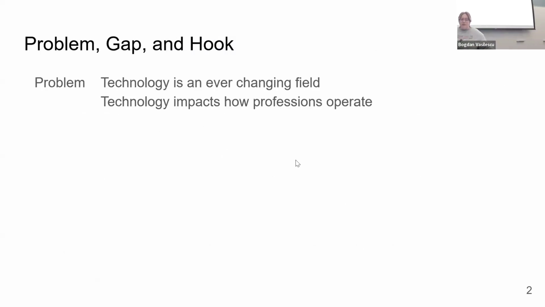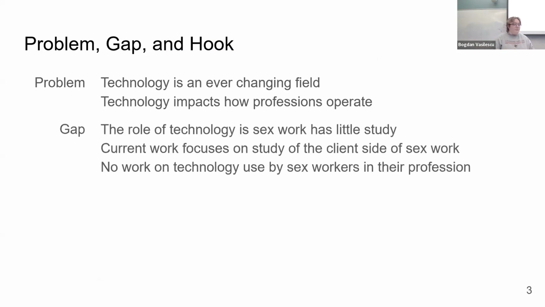Okay, so the problem discussed was that the authors talked about how technology is an ever-changing field and it impacts how a lot of professions operate. There's been a lot of prior work studying how businesses, the stock market, how everything changes as technology evolves.